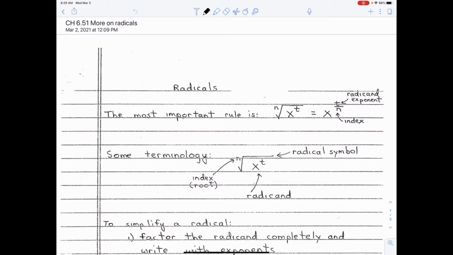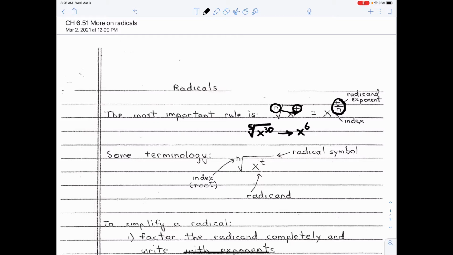And the most important thing you need to know is this, that you take the index and you divide it into the radicand exponent, which is basically what this says right here. Just to show you something real quickly, if you have the fifth root of x to the 30th power, that's going to be x to the 6th power.